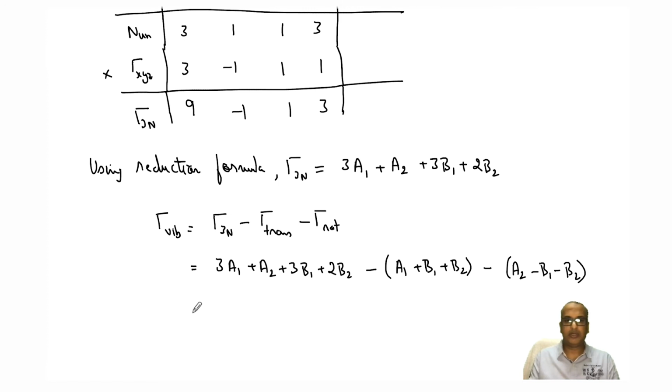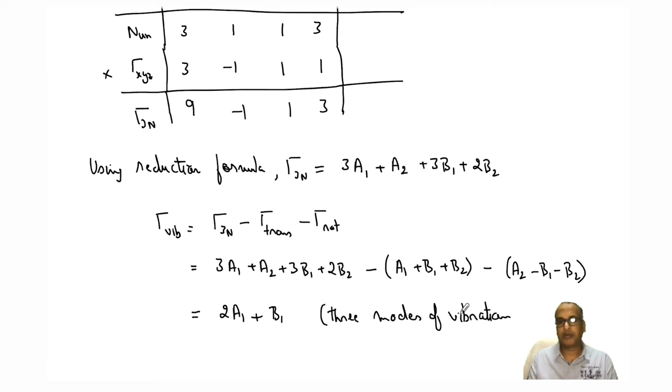Now do this simple maths and what you will get is 2A1 plus B1. So this tells you that there are 3 modes of vibration. And if you actually record the vibrational spectrum of water, you will get 3 vibrational modes. Okay. But we don't know what those vibrational modes are.